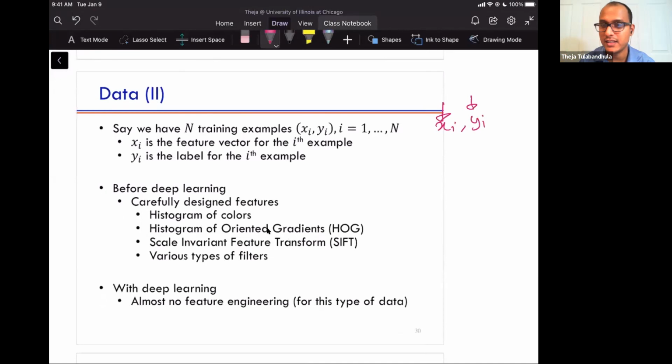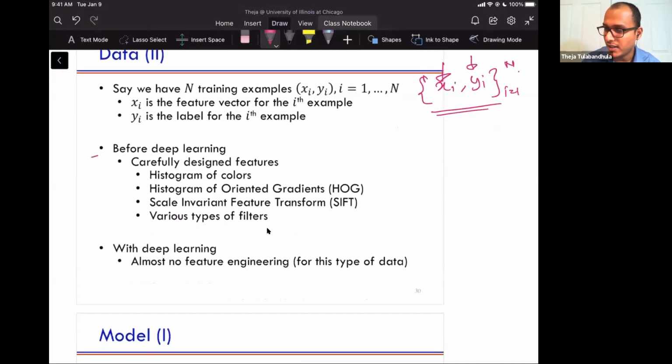Instead of writing x subscript 1 all the way to x subscript 1,000 as these feature vectors, we just generally represent that as xi, yi, with, let's say, curly braces, where i is equal to 1 to n. These are just notation. x just means the feature vector, y is a label, i is a generic pair, and there are capital N, maybe 1,000 such examples. Okay.